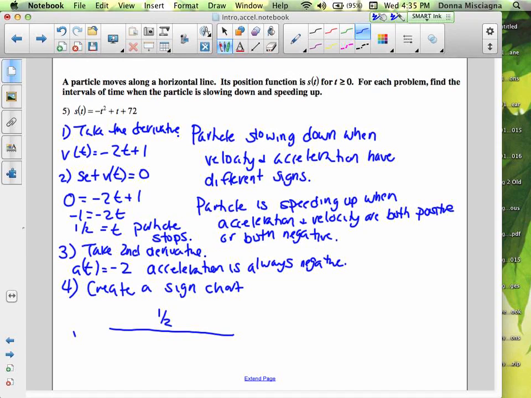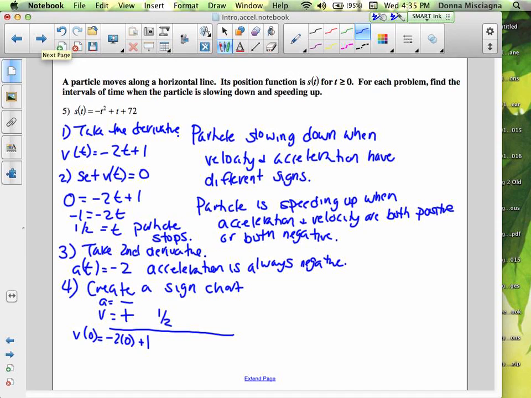We'll have v of 0 would be negative 2 times 0 plus 1. That's going to be positive. That's our velocity. So our velocity is positive, and we know our acceleration is negative because it's negative everywhere.